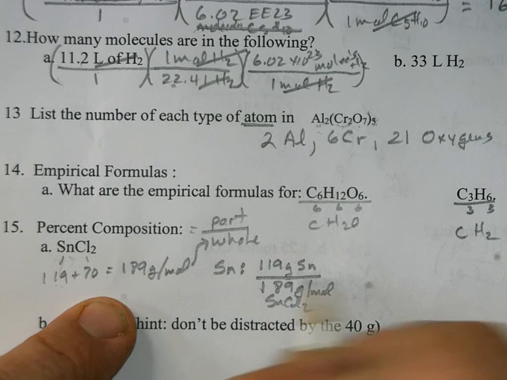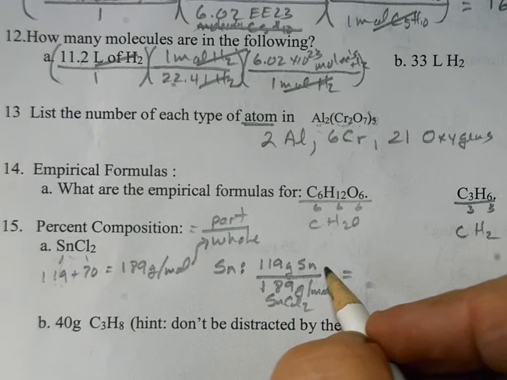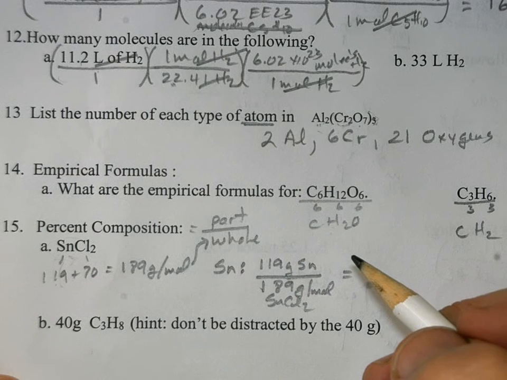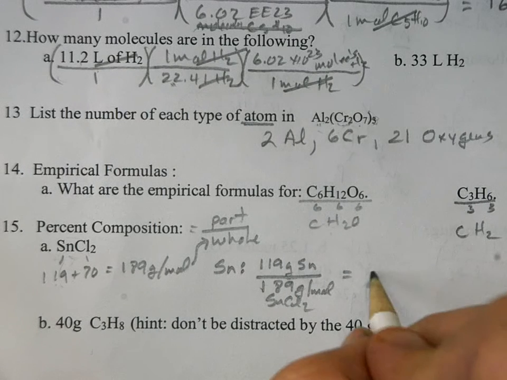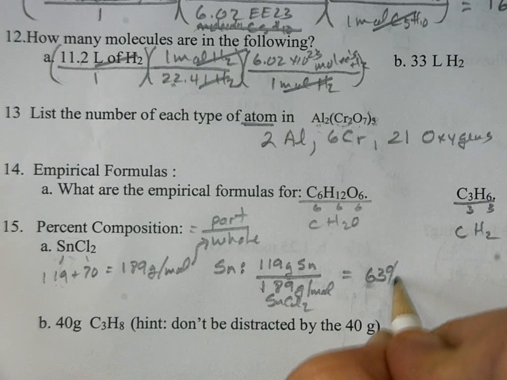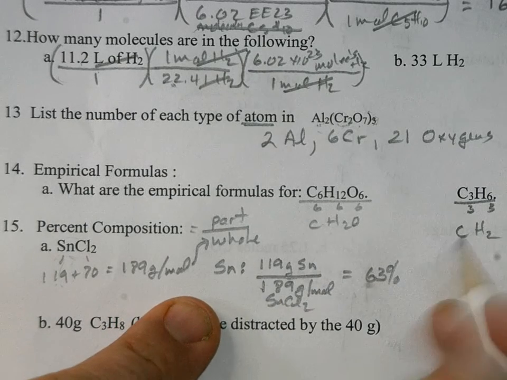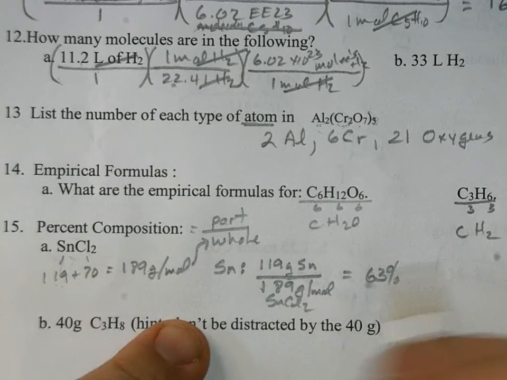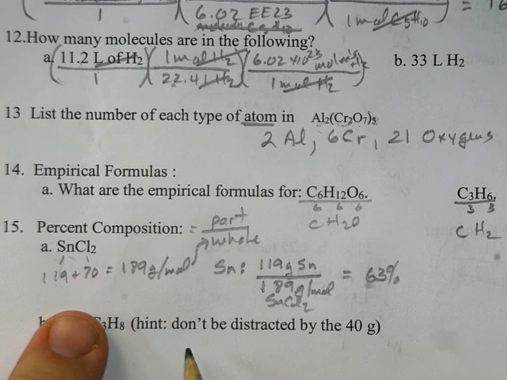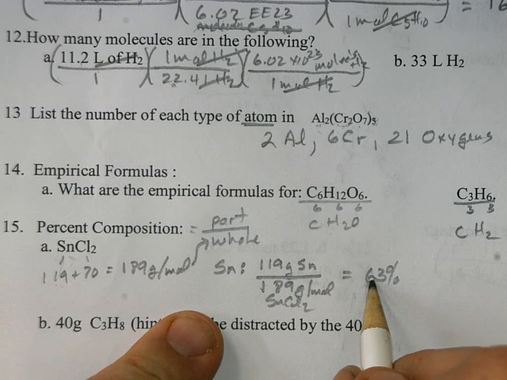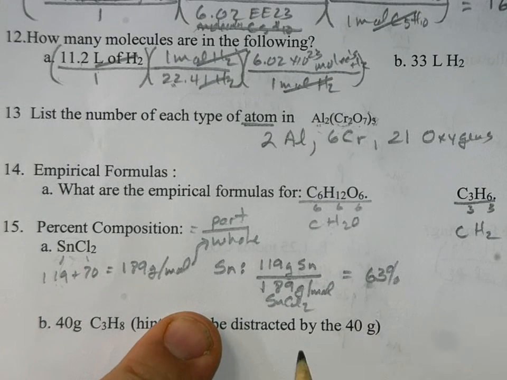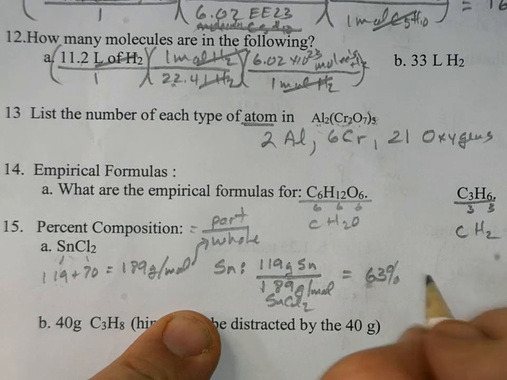So when we divide that out, you should get about 0.63, which would be 63%. And now you can do one of 2 things. You can say, since we only have 2 elements in here, the amount of chlorine is going to have to be 100% minus 63%.